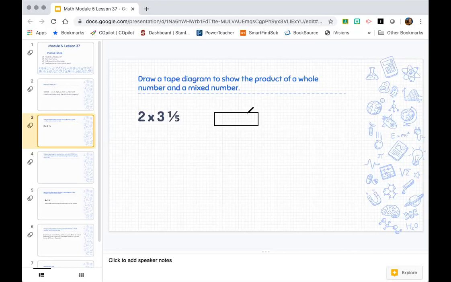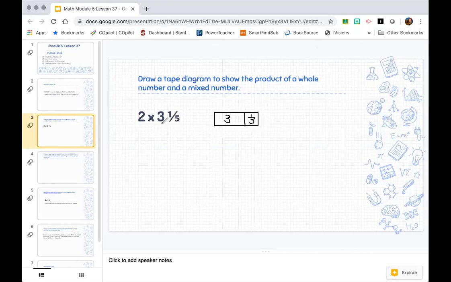Wouldn't you guys agree? Whoa, that was really bad. Okay, so this is technically my 3, and then this part right here is the 1/5. So I have 3 and 1/5.